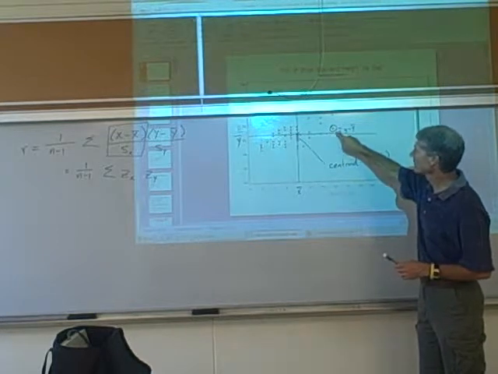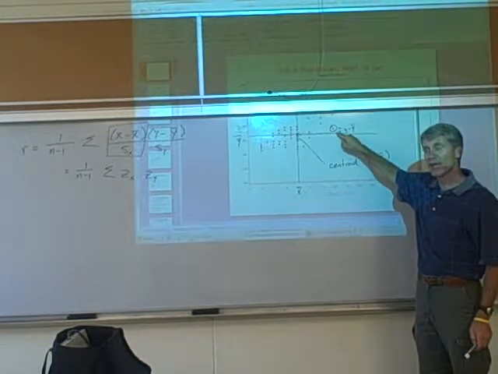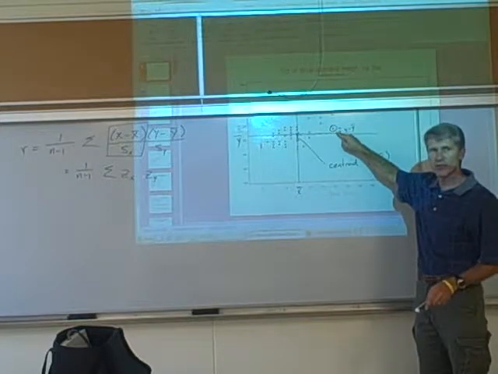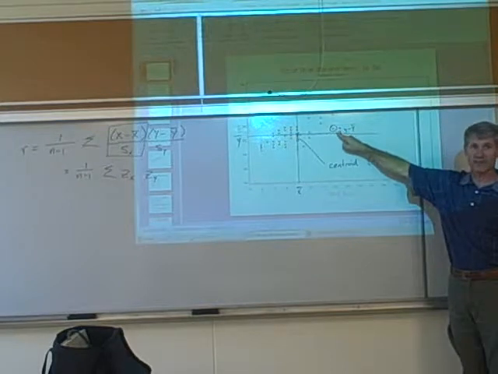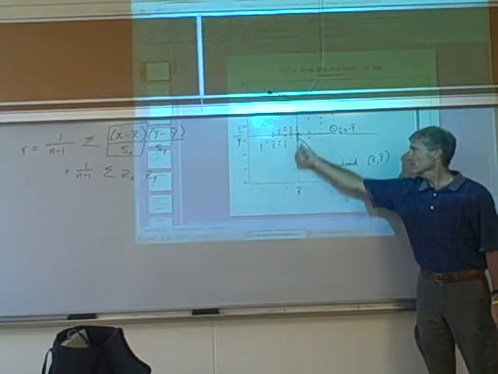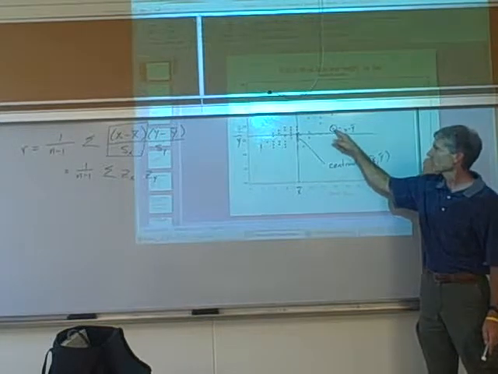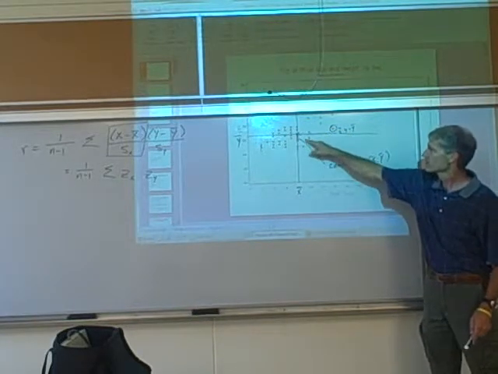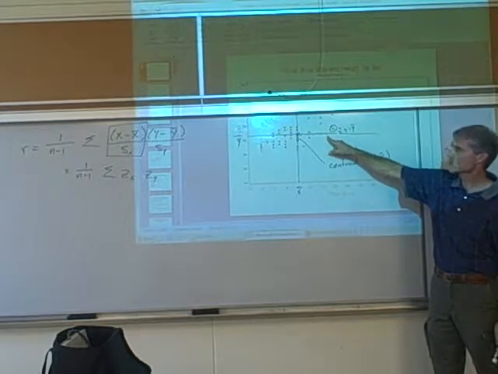This point, will it have a positive or negative z-score for x? Positive, because it's to the right of the x bar line. So it's deviation x minus x bar, which I erased, but this distance there is going to be a positive distance.